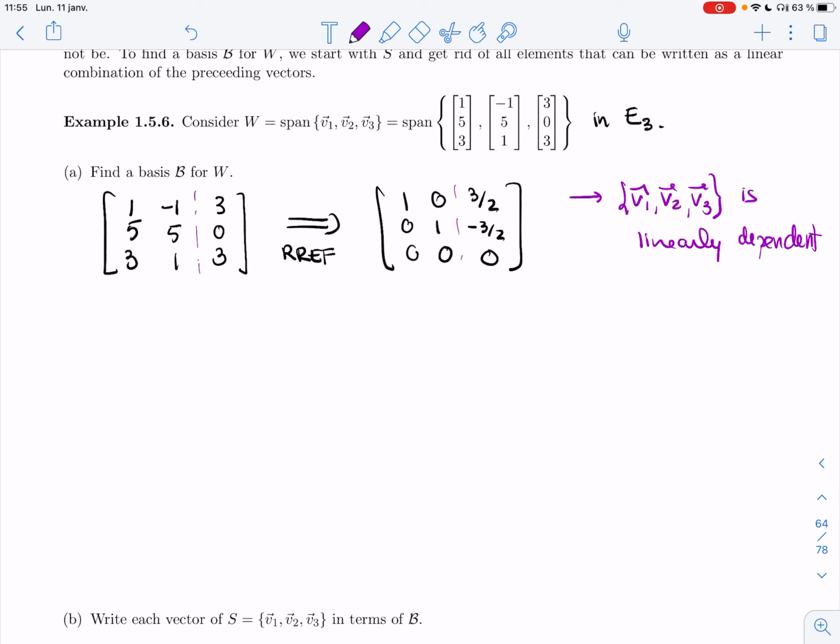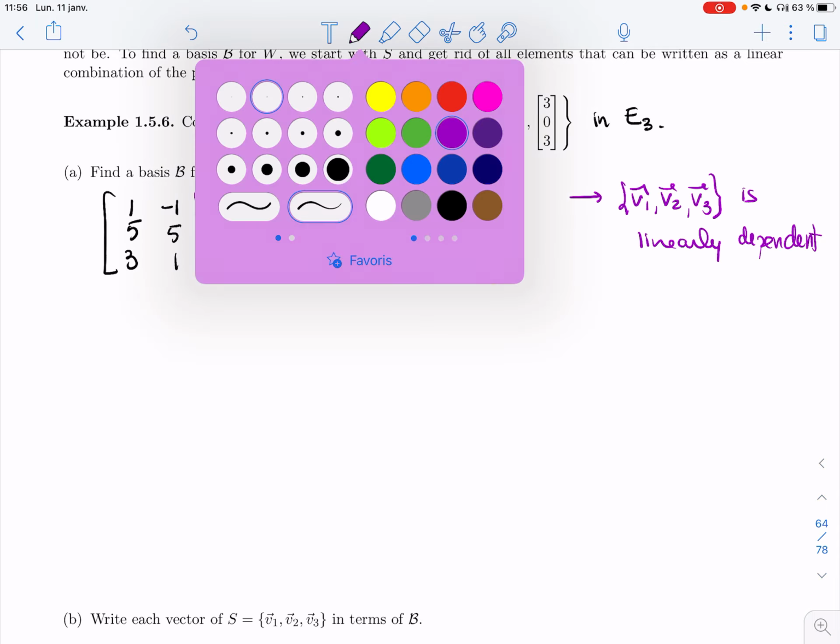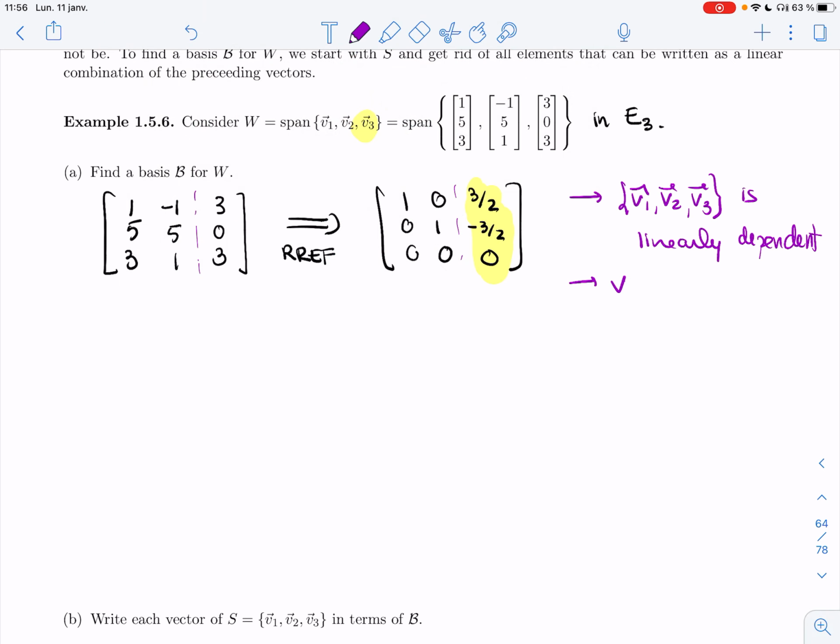And so I have a solution. I have the coefficients to write V3 as a linear combination of the other ones. V3 is 3 halves V1 minus 3 halves V2.